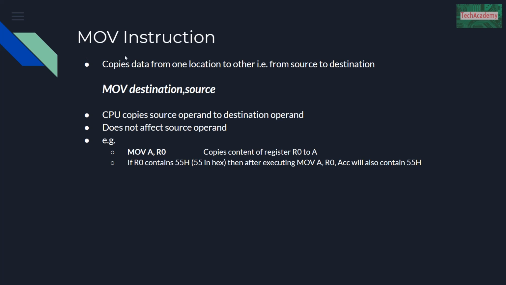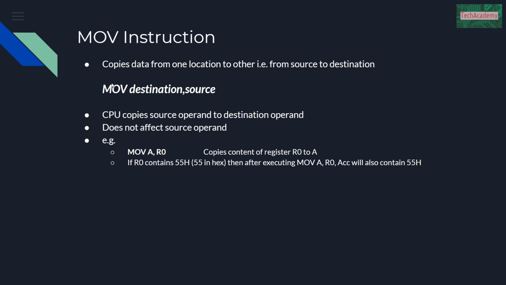So let's see this move instruction first. MOV, or move, is the instruction which is used to copy data from one location to another. That is, we can copy data from one register to another register.